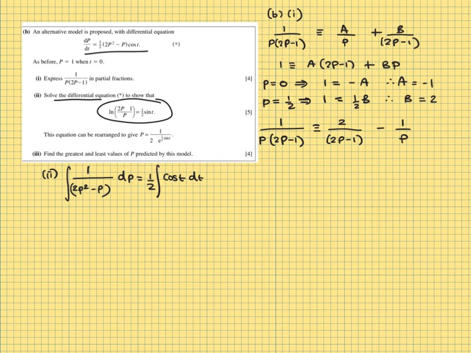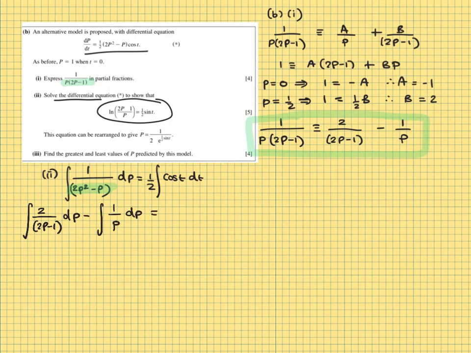Now, on the left hand side, this part here is obviously an expanded version of p bracket 2p minus 1, and we know that it simplifies to this pair of fractions here. This is why we were asked to do the first part. So I can simply rewrite the left-hand side as 2 over 2p minus 1 dp minus the integral of 1 over p dp.